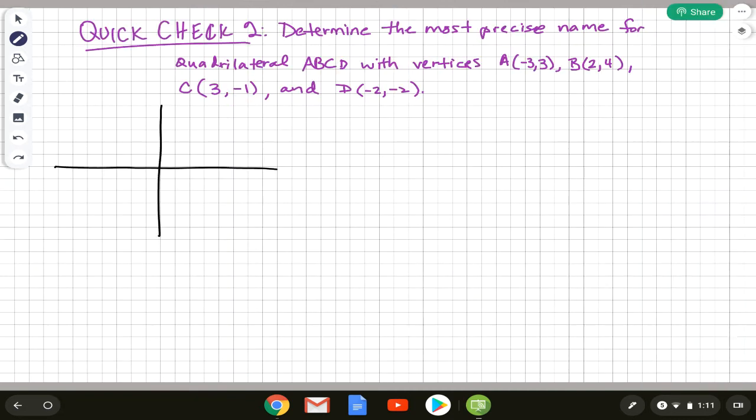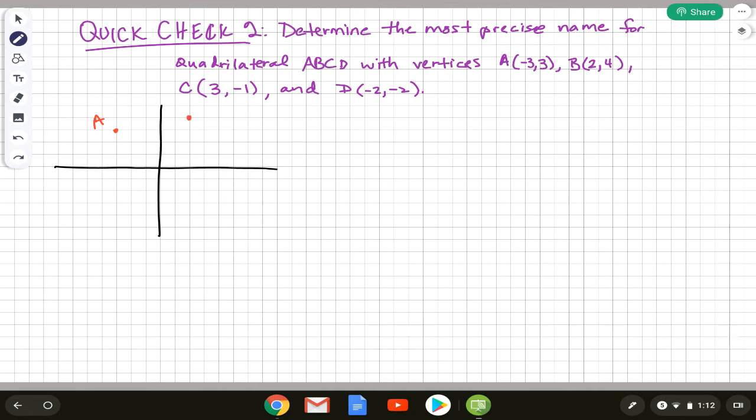All right, so quick check 2 asks us to determine the most precise name for ABCD, and they've given us the vertices. So let's put those on the graph. Negative 3, 3 would be here. 2, 4.